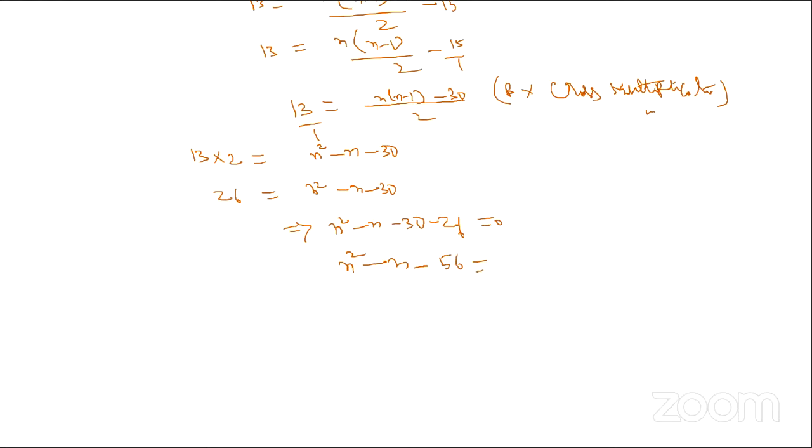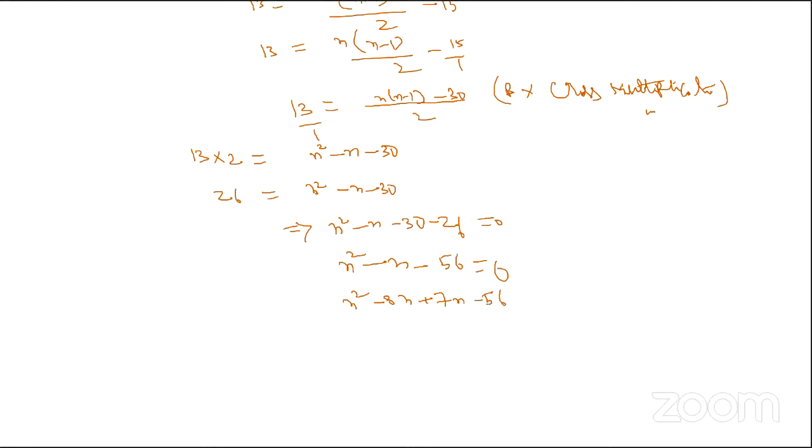So split the middle term or use the factorization method. n square minus 8n plus 7n, because 7 into 8 is 56, that equals n square minus 8n plus 7n minus 56.